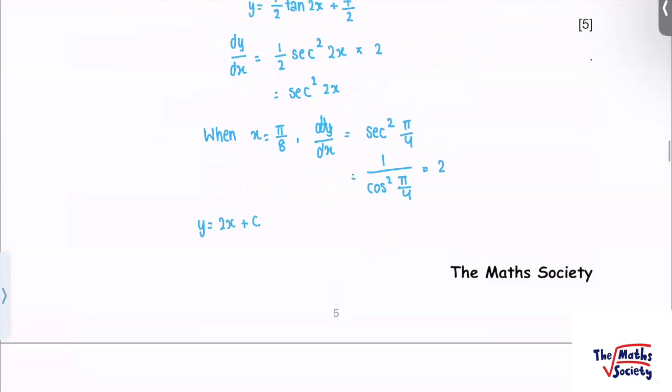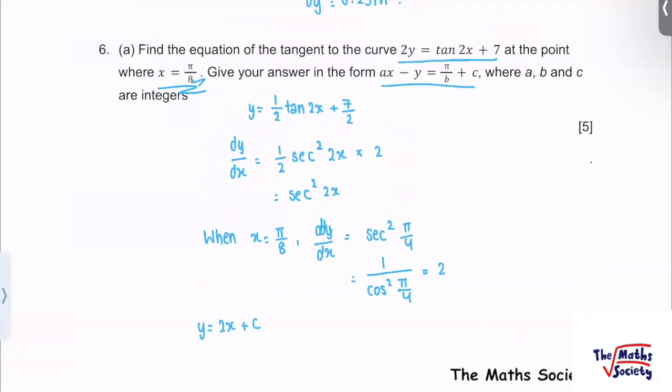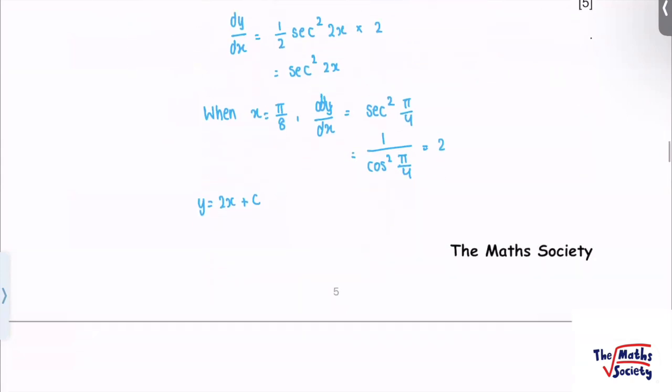And we're going to find it at pi by 4. So that's 4 equals 2 times pi by 4 plus c. So c is just going to equal 4 minus pi by 4. This one's y equals 2x plus 4 minus pi by 4. So pi by 4 minus 4 is equal to 2x minus y.